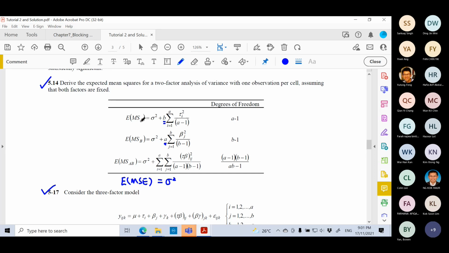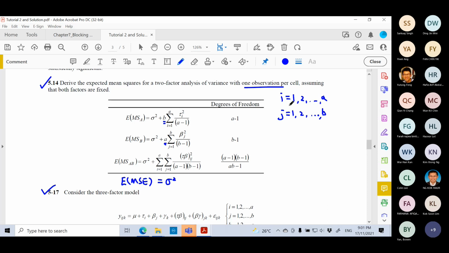In this example, we only have one observation, so you only have I from 1 until the A level, and J from 1 until B.